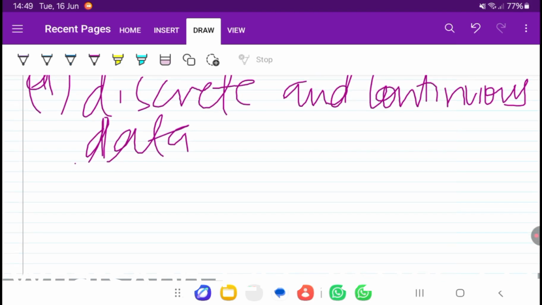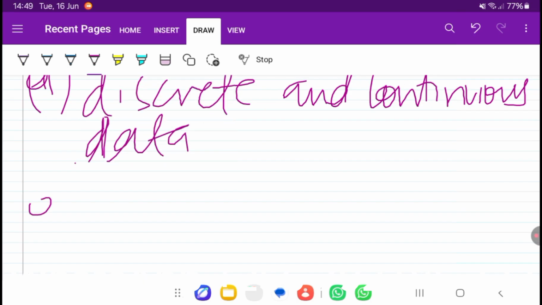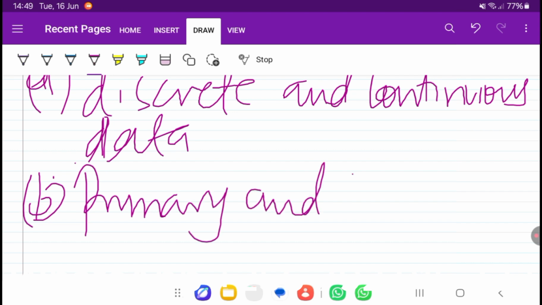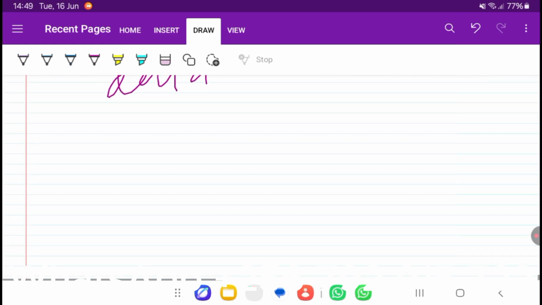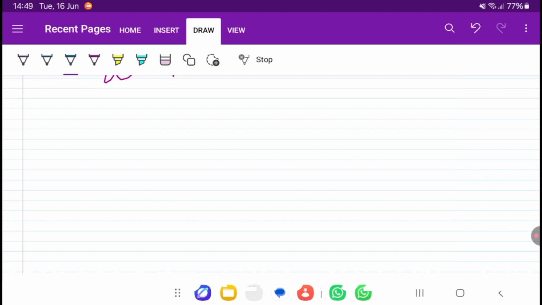The second category is primary and secondary data. So those are the two broad classifications of data. Now, we want to understand each of these data types and go through them to understand what they really mean in detail. So let's start by looking at the discrete data.